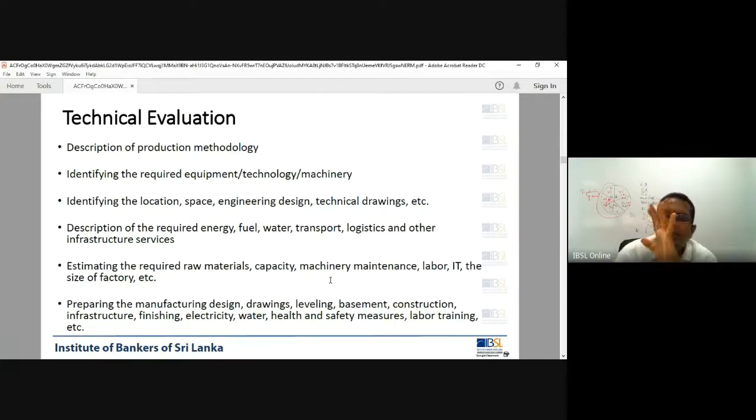Technical evaluation, first of all, production methodology, machinery and the technology to be used, then space and the location. Then you have the infrastructure part, which is the energy, fuel, water, and those things. Then machinery, then who will do the maintenance, availability of spare parts, all those things. Then size of the factory. That's the technical part of it.